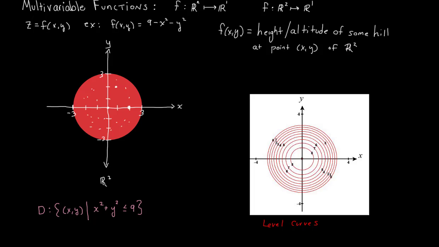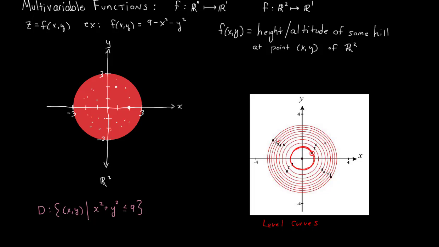Notice here, as I move along this level curve, I traced this one earlier when I showed the plane that cut through the top. Notice here that this number is 8. That means every point along this circle, the mountain has a height of 8. The function's value is 8 along that level curve. Pick another one here.